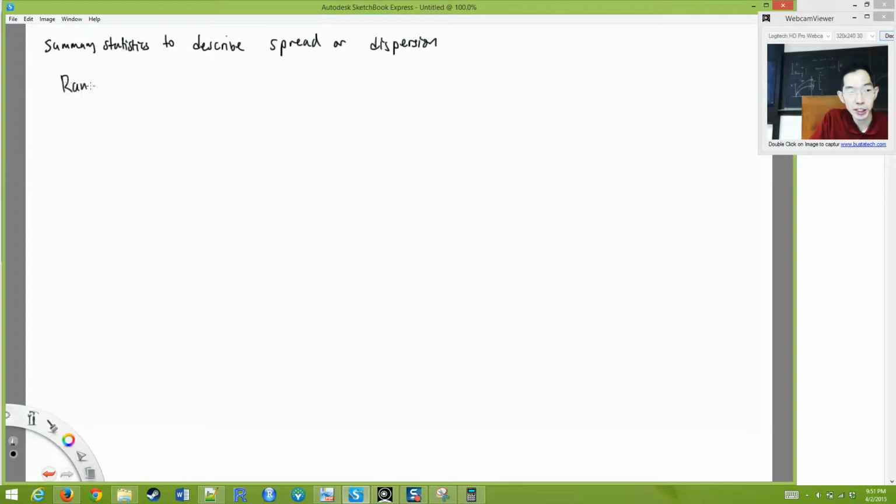We have the range, which we've defined as the maximum minus the minimum, and we have the IQR, which is Q3 minus Q1. We also have the standard deviation, which we might abbreviate as SD or simply as S, okay?